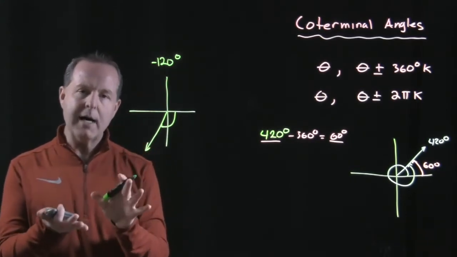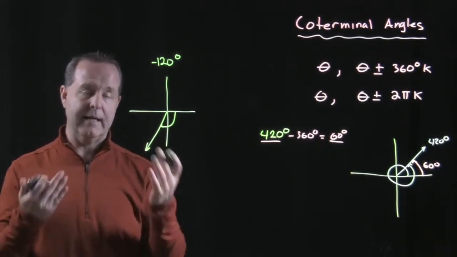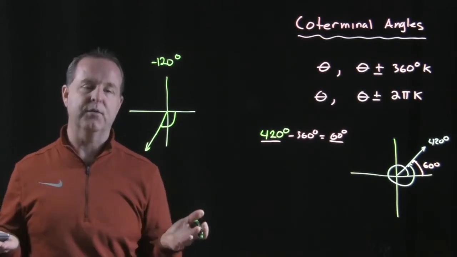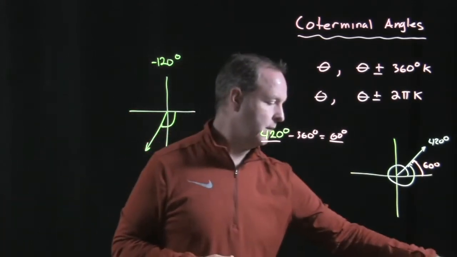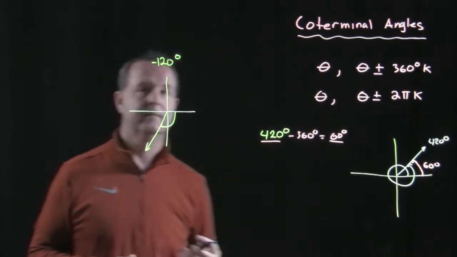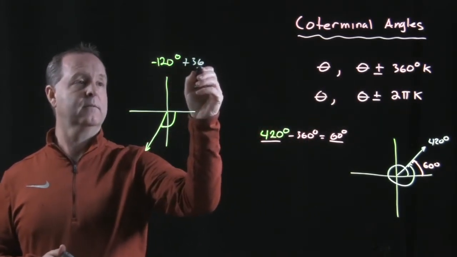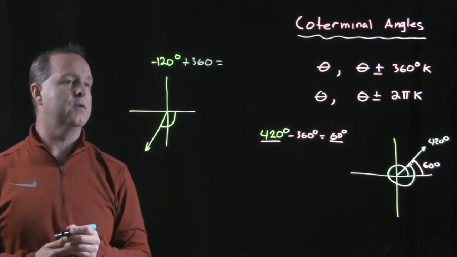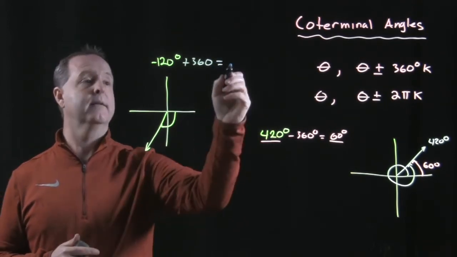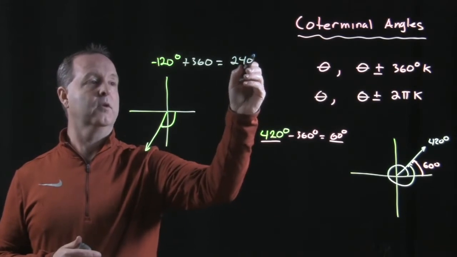Well, what's its positive coterminal angle that's less than one revolution, less than 360 degrees? In this particular case, I'll add 360 degrees to it, and that's going to produce 240 degrees.